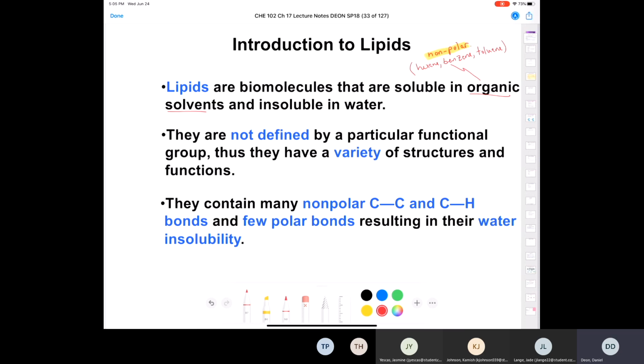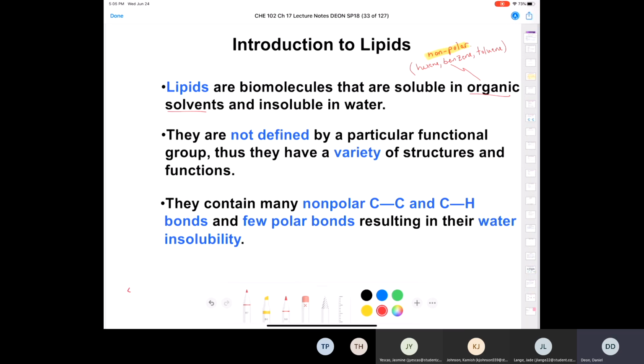Then we did another chapter on alcohols. Then we did a chapter on aldehydes and ketones. But lipids are not defined by any particular functional group. In fact, we're going to see several functional groups show up in this chapter. We will see esters, and we'll see phosphate esters, and we'll see amines, and we'll see carboxylic acid. So we'll see several functional groups.